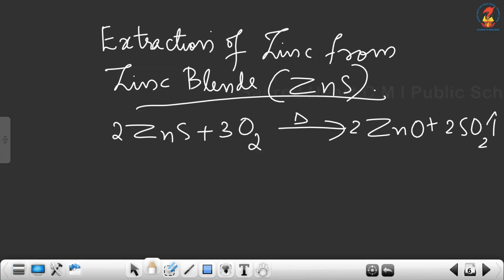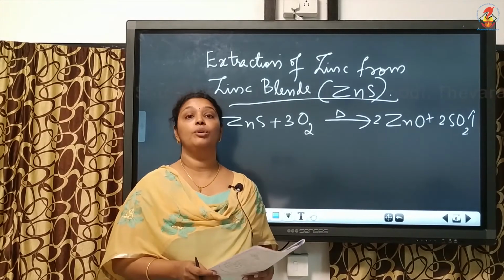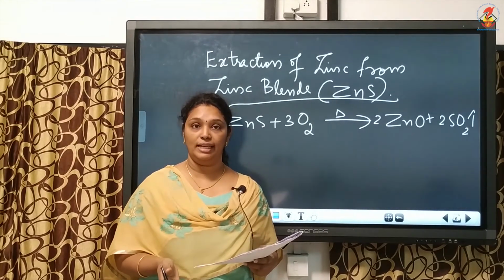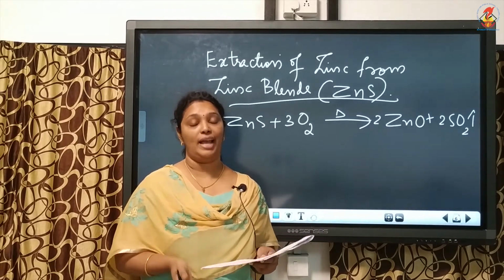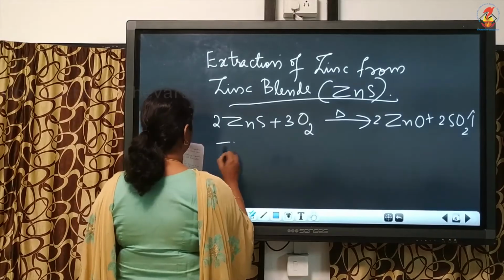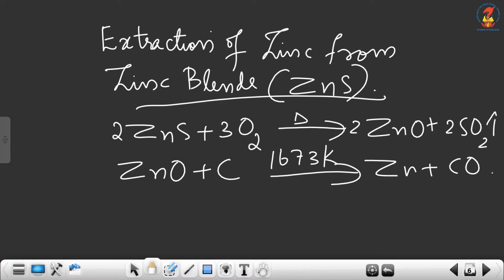2SO2. Now, in the next step, zinc oxide is mixed with coke and heated to 1673 Kelvin. Here coke acts as a reducing agent, that is carbon acts as a reducing agent. So, the second equation is zinc oxide plus carbon at 1673 Kelvin, we get zinc plus carbon monoxide, and here carbon acts as the reducing agent.